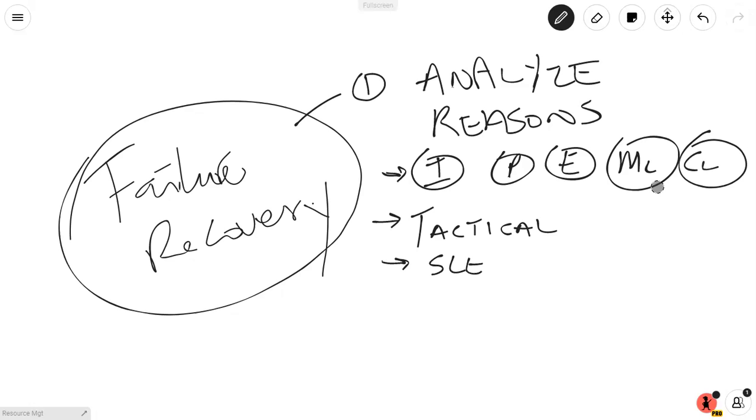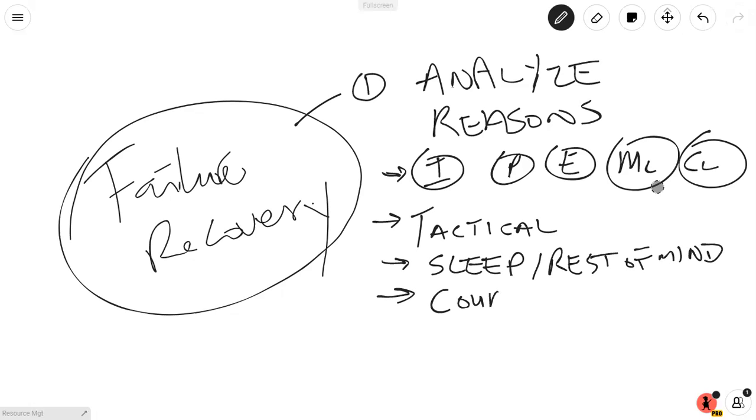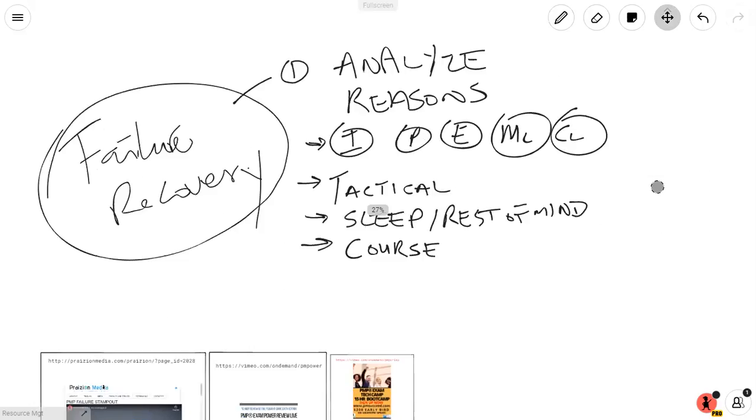The aspect of sleep is huge. Sleep and rest of mind is big. You need to analyze those as well and ask the question, perhaps I just went for a bad course. Okay, you got to analyze all these reasons.